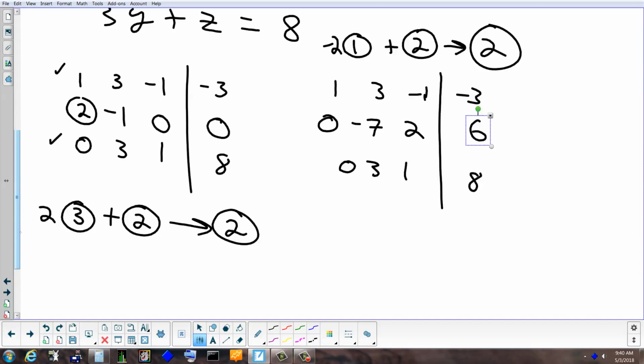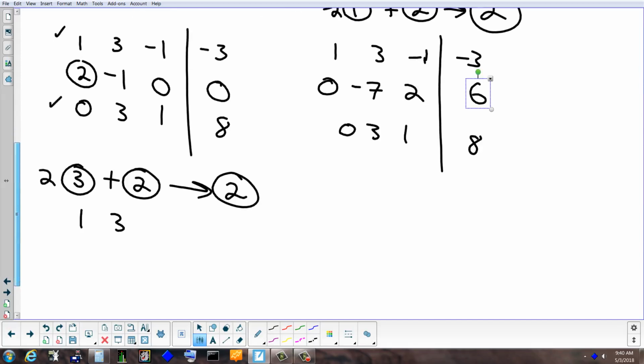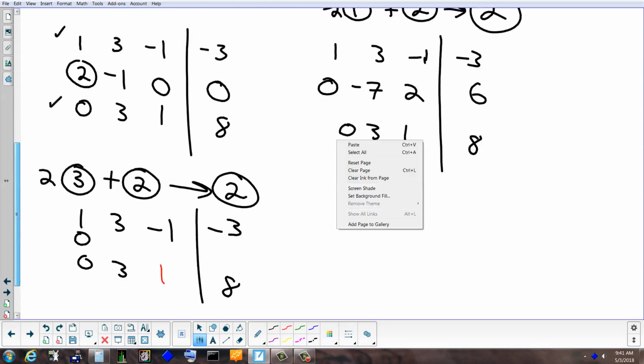All right, so row 1 stays the same. Row 3 stays the same. 2 times the third row added to the second. Well, 2 times 0 is 0, plus 0 is 0. What's 3 times 2? Take away 7? That's great.